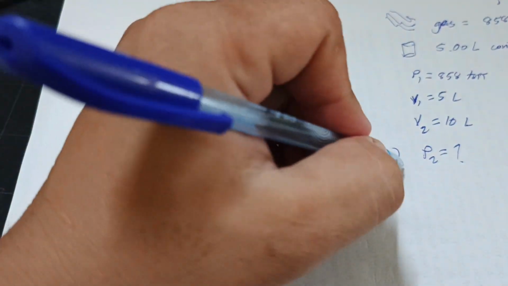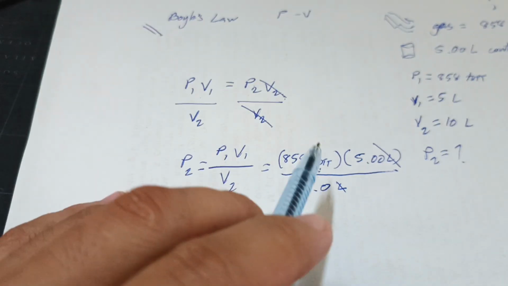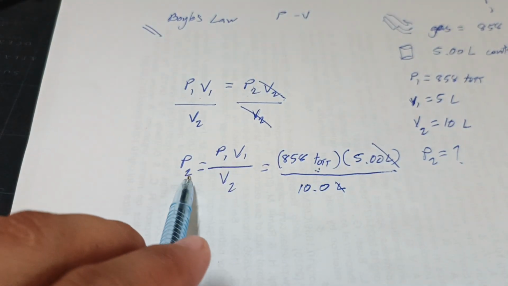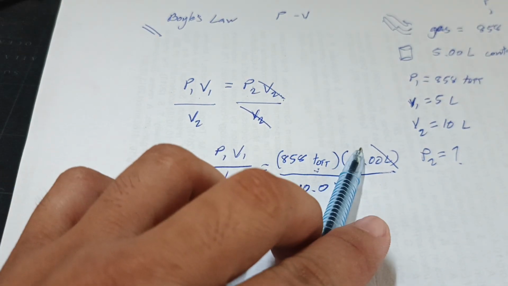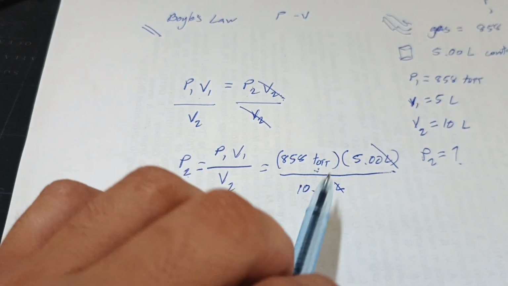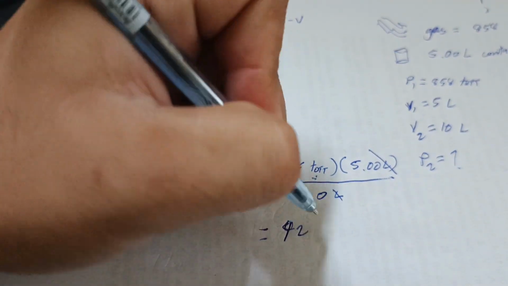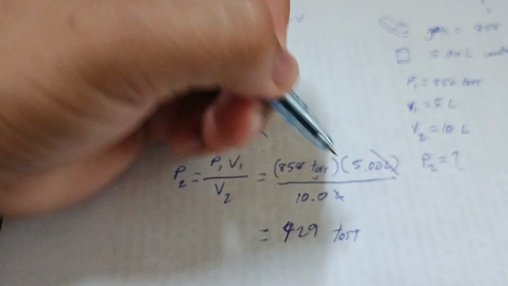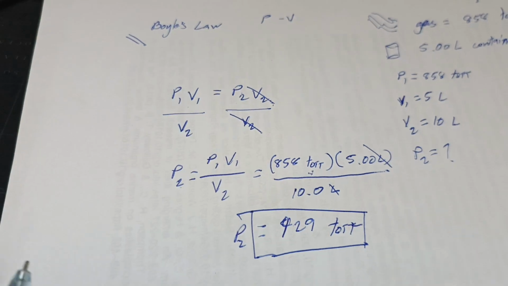So in this case, we can cancel the liter unit and you'll have the torr, which is the unit for pressure. So all you have to do now is multiply these numbers in the numerator and divide by the denominator. You will arrive at 429 torr. This now is your final pressure.